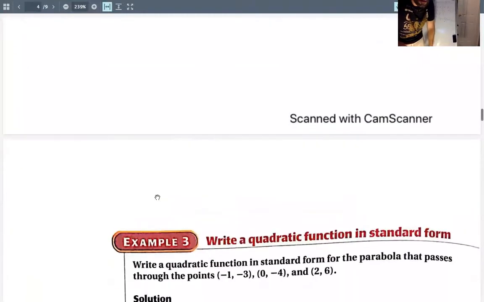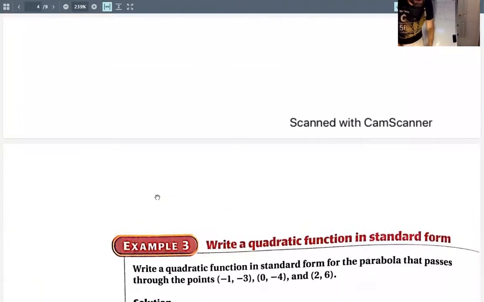All right, here we go. You guys do that one. Write a quadratic function. Okay, so now they're giving you a third type of problem. Write a quadratic function in standard form for the parabola that passes through the 3 points.